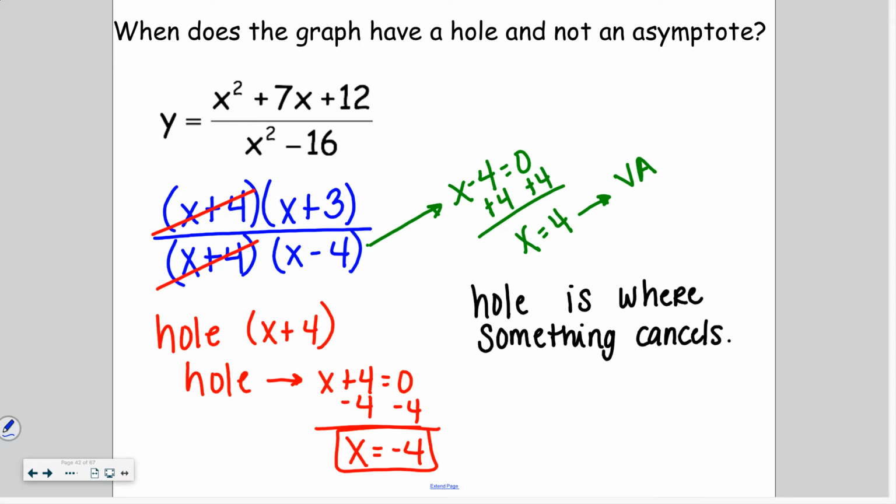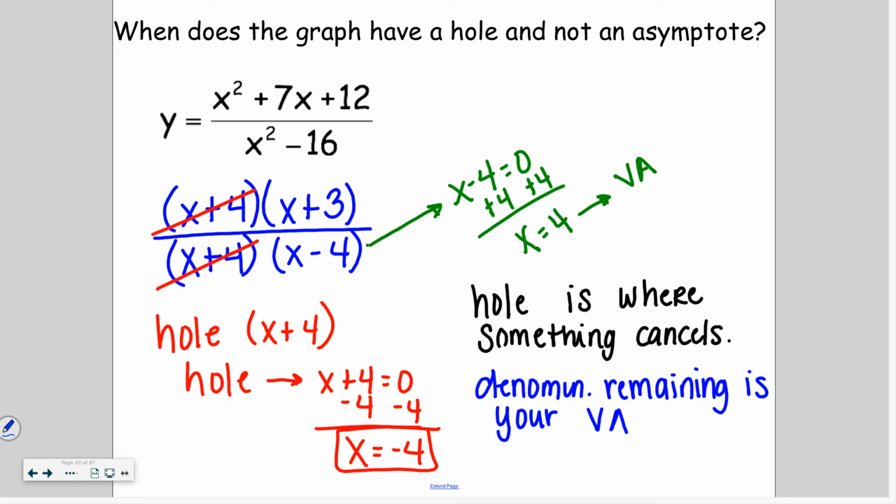The denominator remaining is your vertical asymptote.